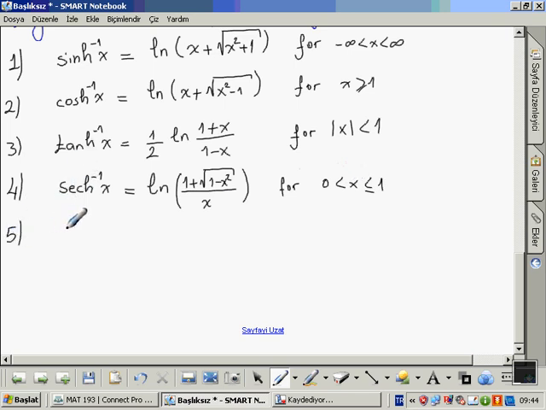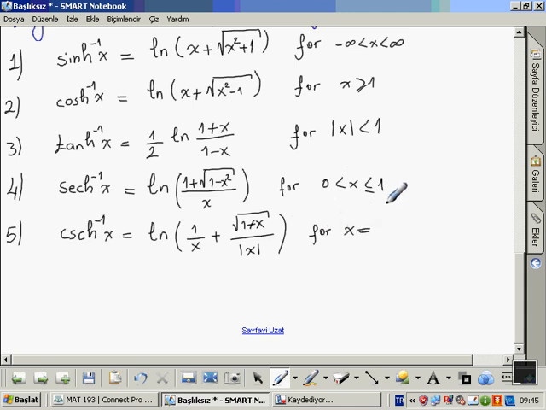And the fifth one, inverse csch x equals ln of 1 over x plus the square root of 1 plus x squared over the absolute value of x, and therefore x is not equal to 0.